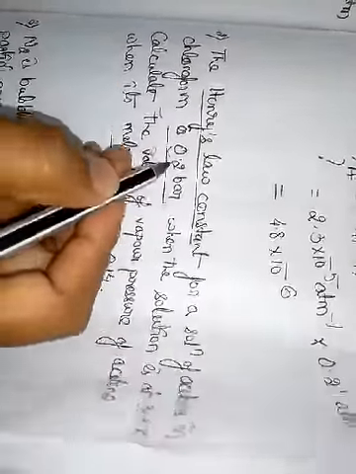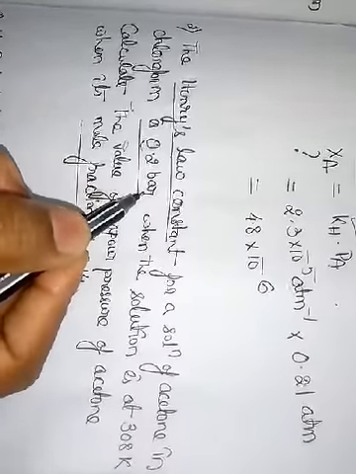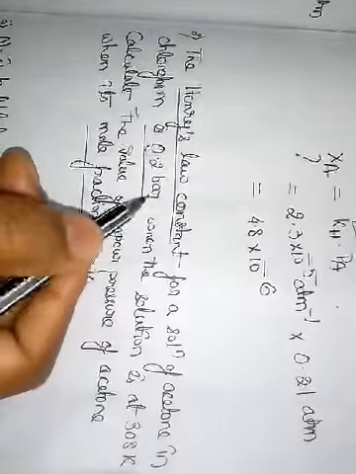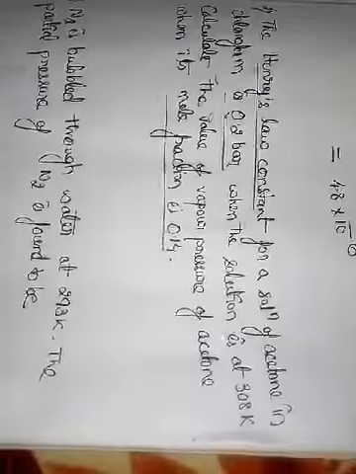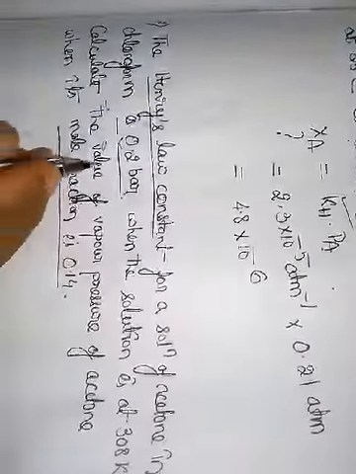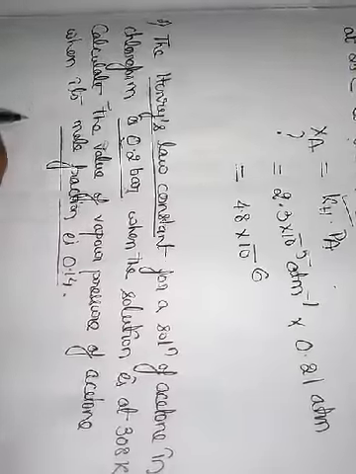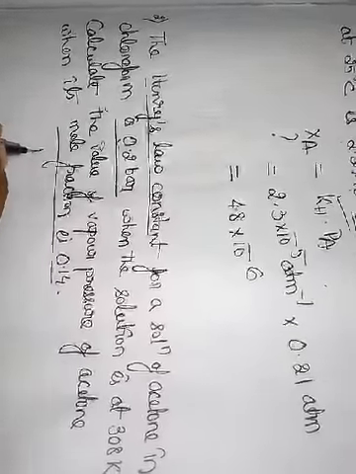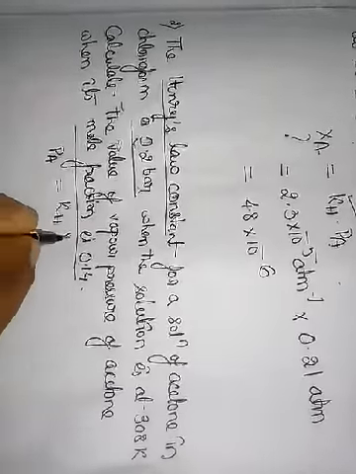It is 0.2 bar. Here, the thing to be noticed is the unit for the Henry's law constant is simply pressure. So the third formula for Henry's law is to be used, which is PA is equal to KH into XA.